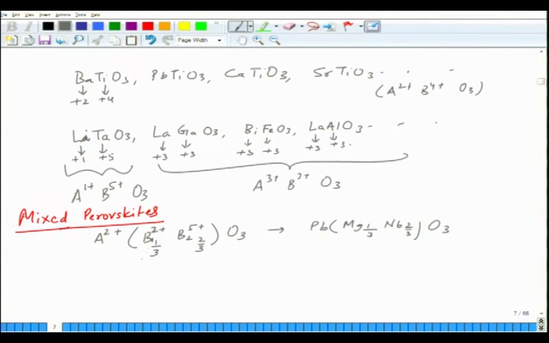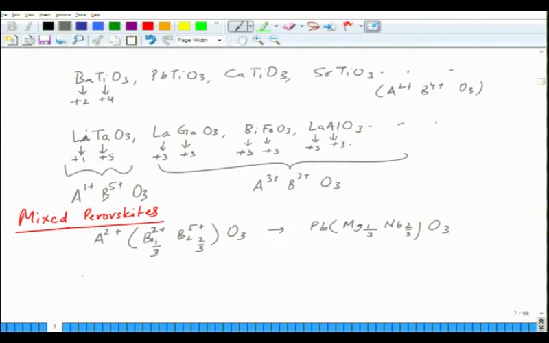They are put in such a fashion so that the stoichiometry is maintained and the charge neutrality is there. B1 is 2+, you can put only 1/3. B2 is 5+, it is restricted to 2/3. So magnesium 1/3, niobium 2/3 will give you 4+ valence together.